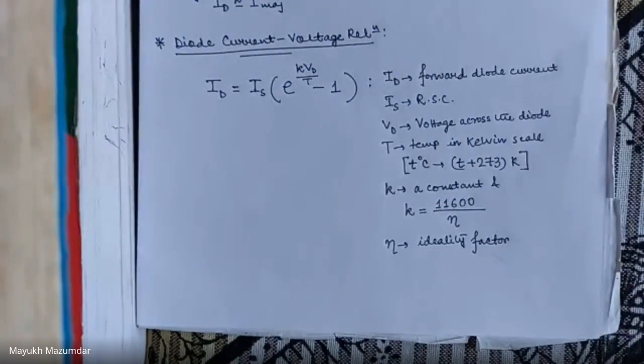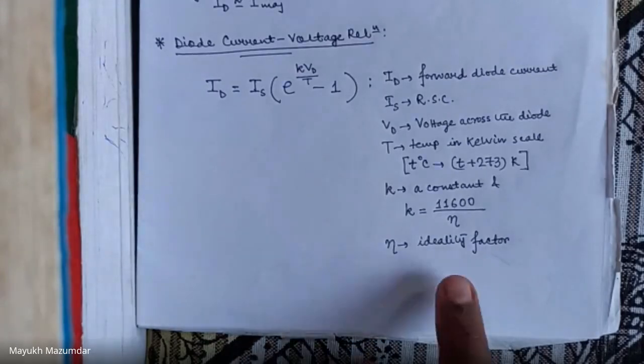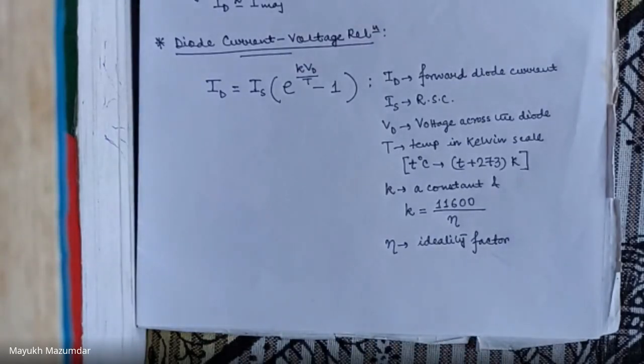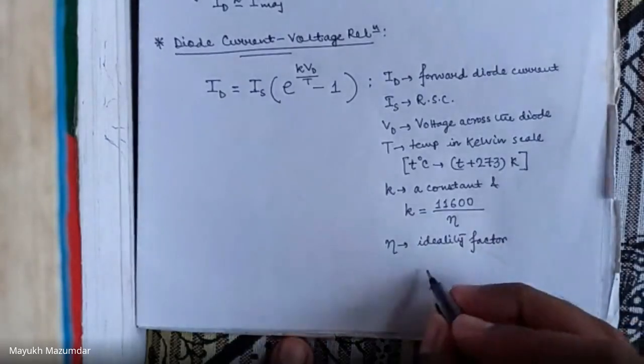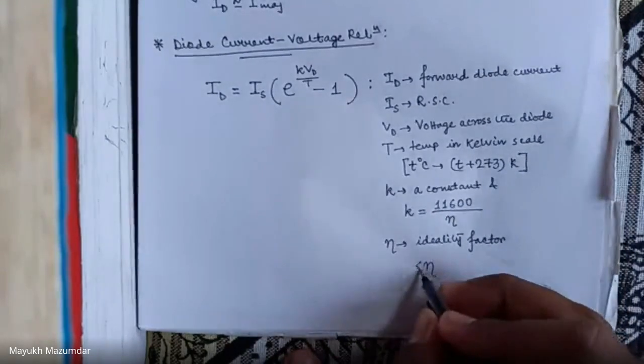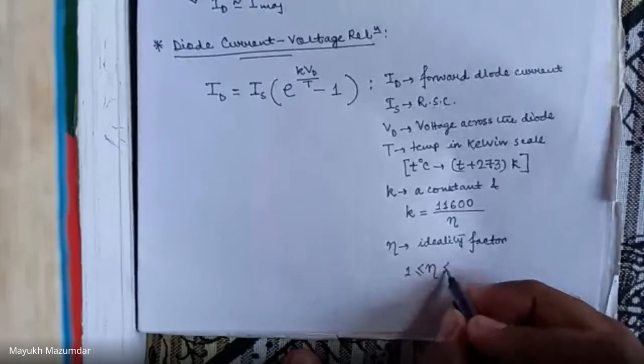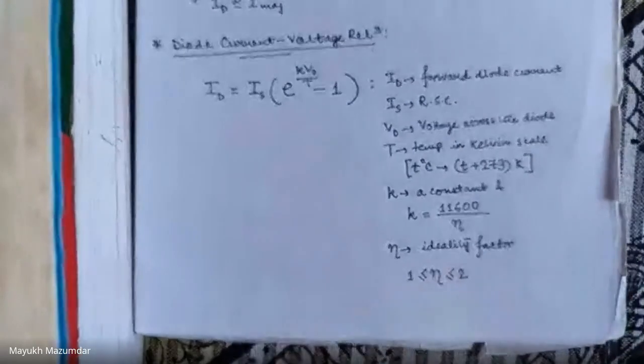There's a huge topic on this ideality factor. For the time being, it would be sufficient to remember that this ideality factor tells us how much our given diode behaves close to an ideal diode, hence the name. It has a range between 1 to 2.